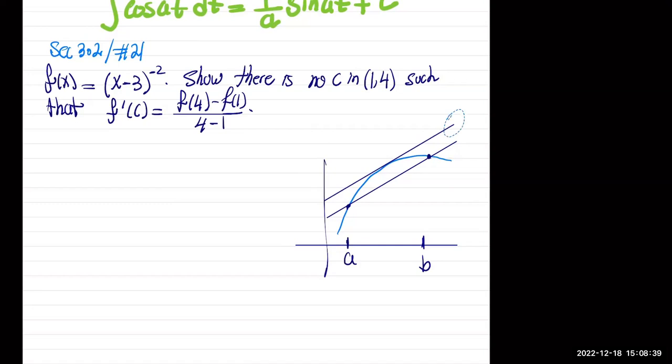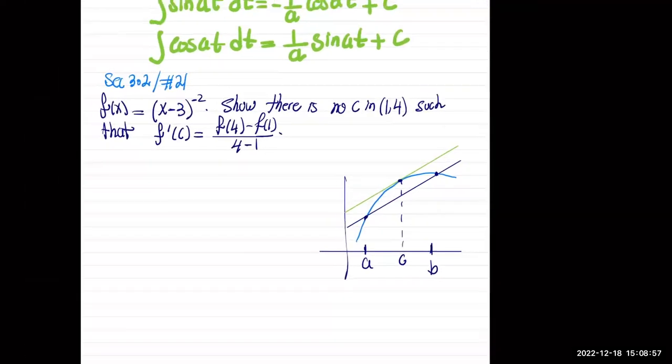According to this graph, there's a number C, let's say C is right here. That is between A and B where the slope is equal to the slope of that line. That's what mean value theorem guarantees.